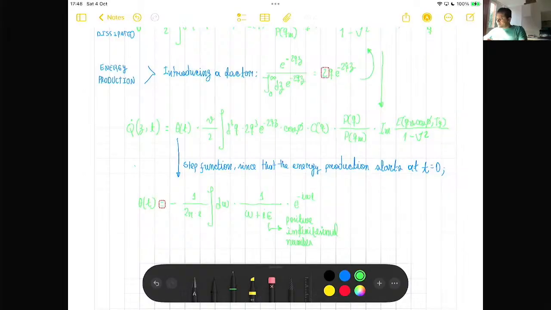Then we have to remember that the objective here is to solve the heat diffusion equation. Just to say that, because when the heat diffusion equation returns, we have to consider that.